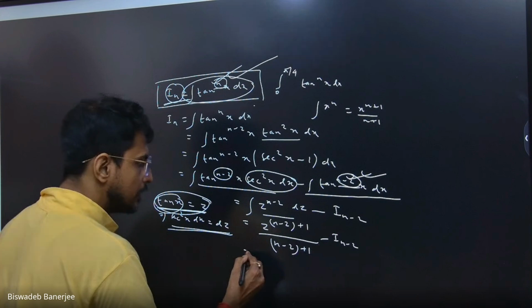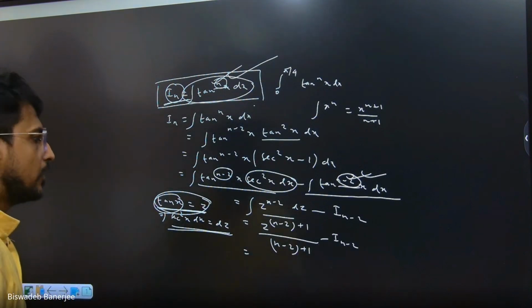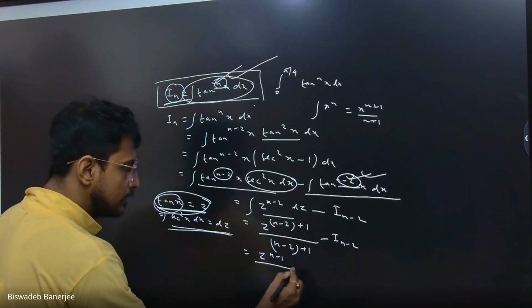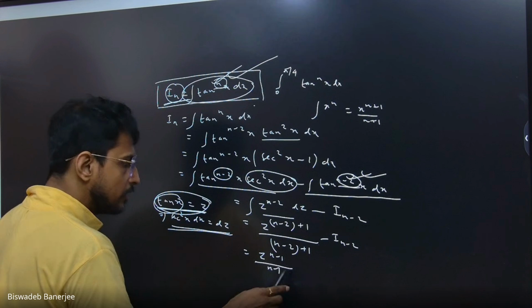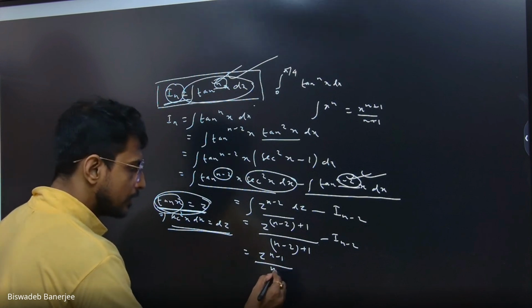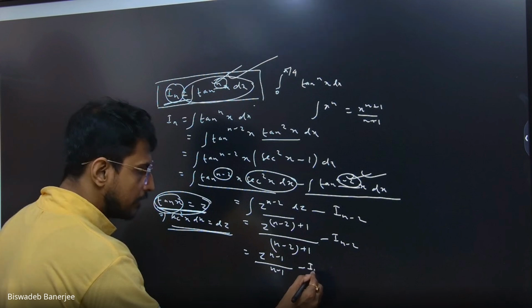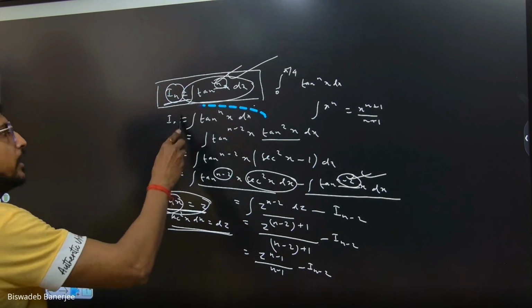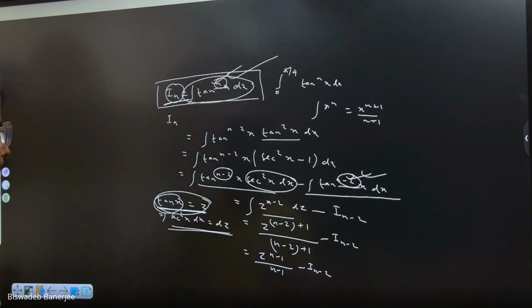This will remain as it is. Finally, this becomes z to the power n minus 1 by n minus 1 minus I_n minus 2. So this is my reduction formula for tan to the power n x.